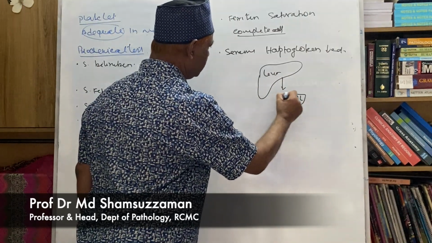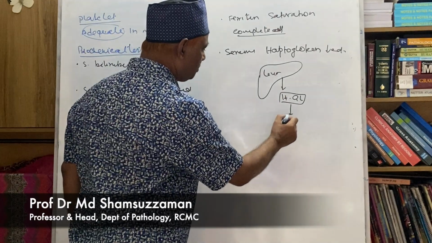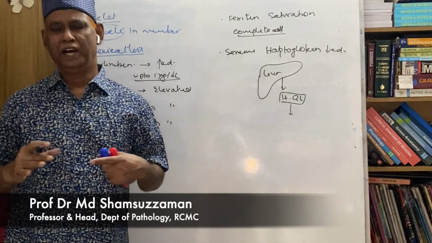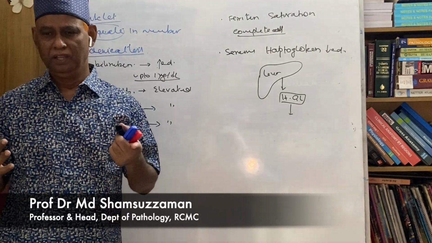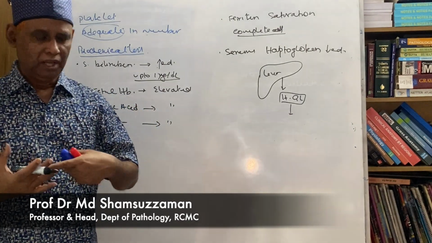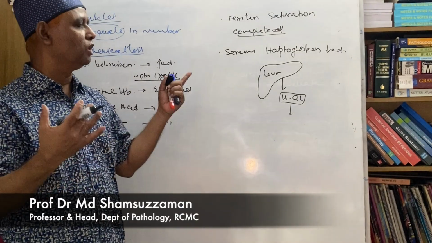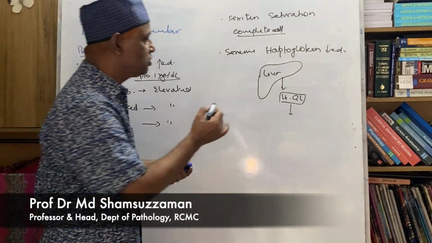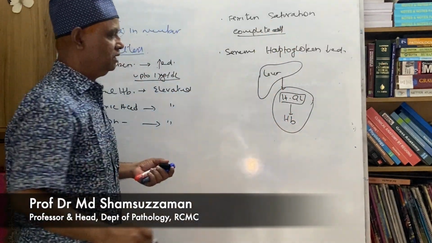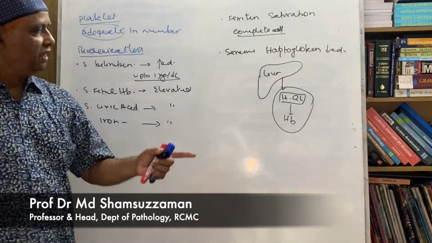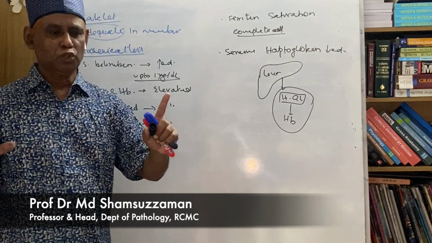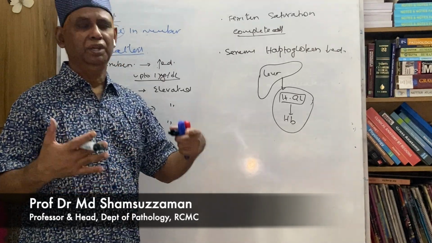Normally in our body, after 120 days on an average, RBC undergo destruction, and from the destroyed RBC, hemoglobin is released. This normal hemoglobin coming from the normal hemolysis of RBC is taken by haptoglobin. The haptoglobin binds with the normal hemoglobin, and there is no hemoglobinuria. As the haptoglobin synthesized from the liver binds with normal hemoglobin, no hemoglobin is excreted in urine.